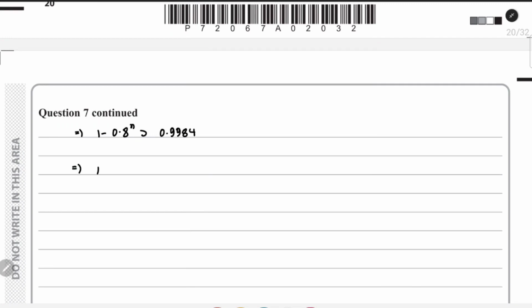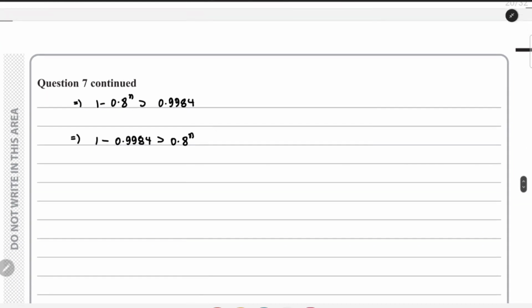So we can write down 1 - 0.9984 is greater than 0.8^n. So 0.8^n is less than 0.0016.